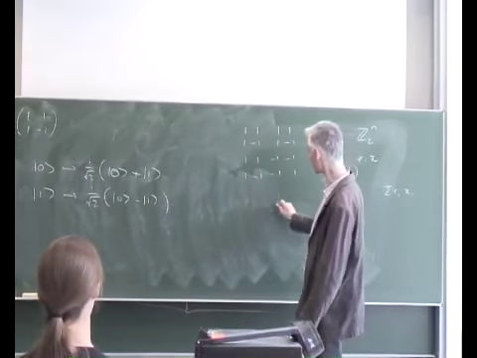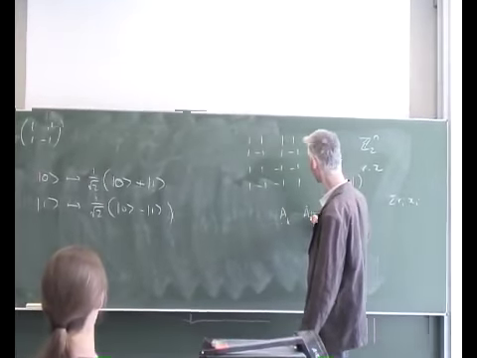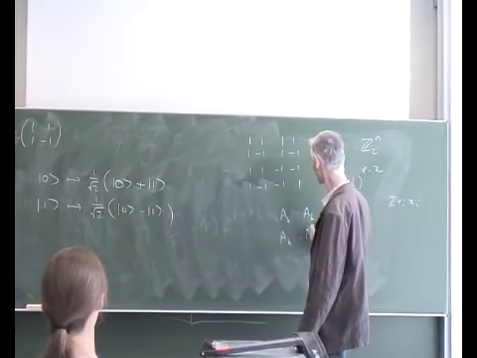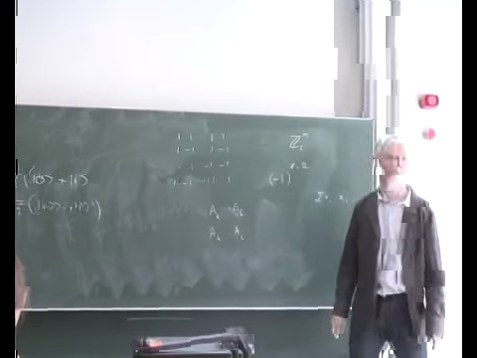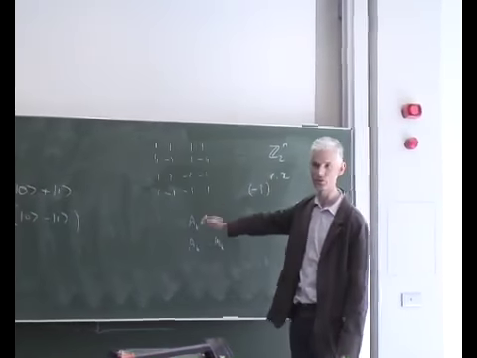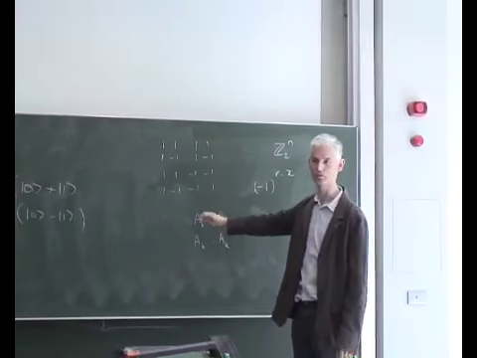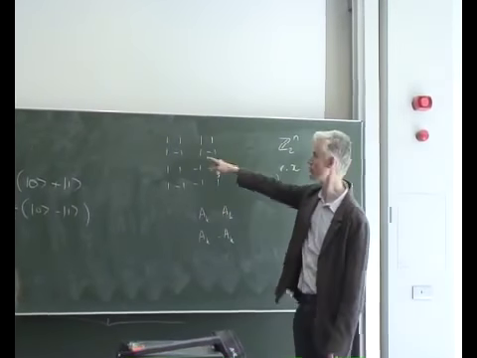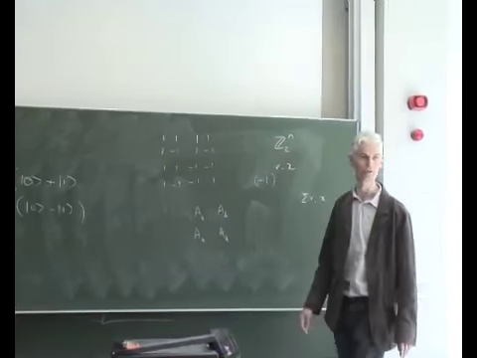And in general, at the k-th stage, I've got A_k, then at the (k+1)-th stage, I've got that matrix. And it's easy to check that the rows of these matrices are orthogonal. And with the 1 over root 2, they become unitary matrices.